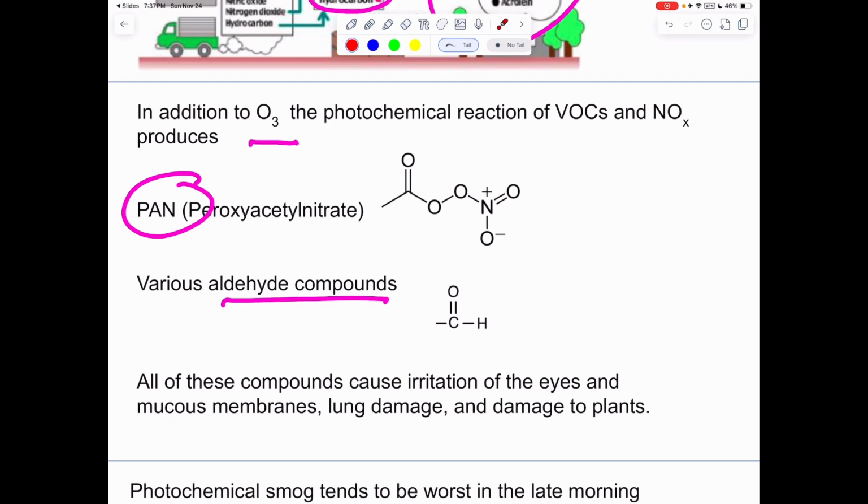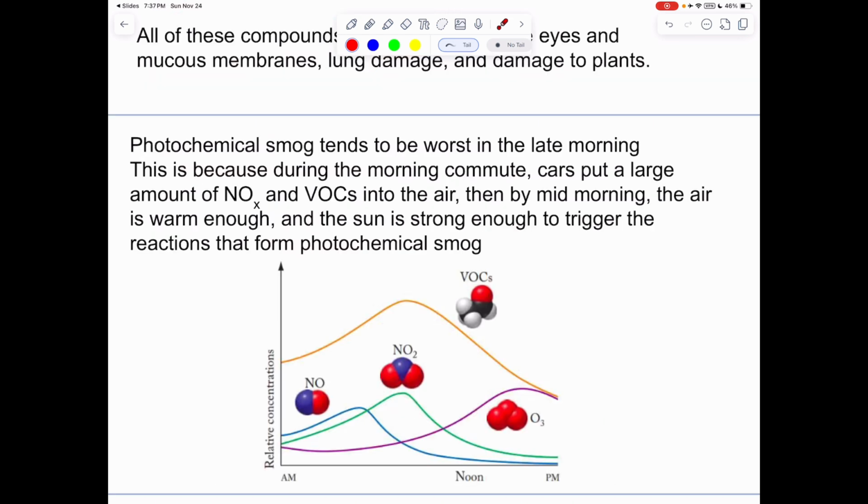Now I want to show you this because I think a lot of times we think about smog just kind of always being there, but it actually develops throughout the day. And that is because of this morning commute. So our VOCs are always going to be there throughout the day. However, our nitrogen oxides are produced by cars.